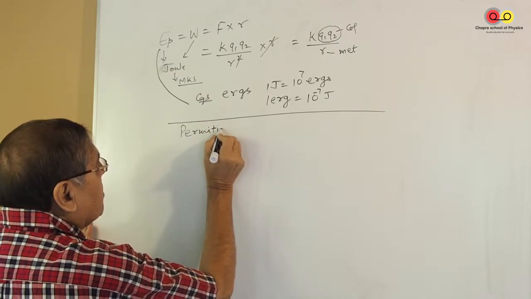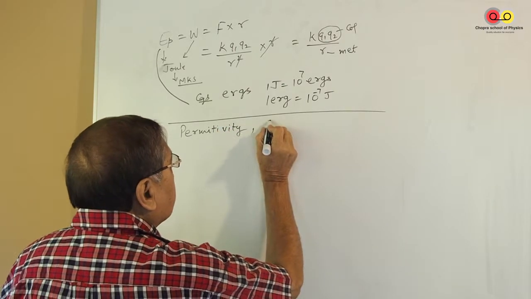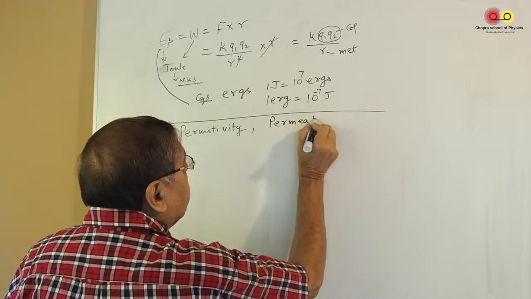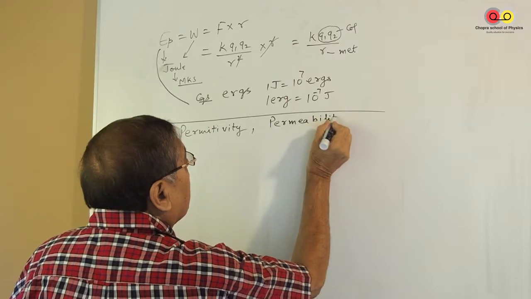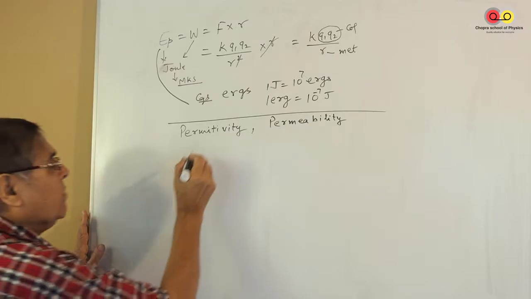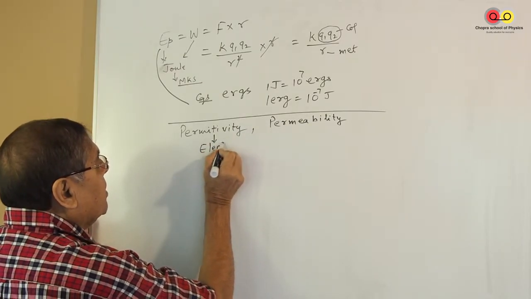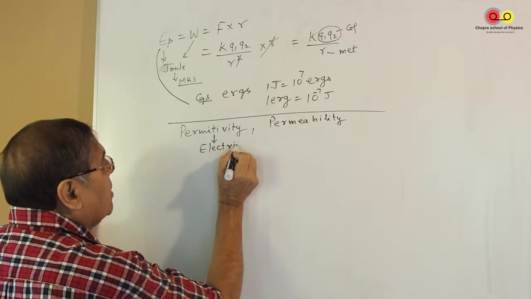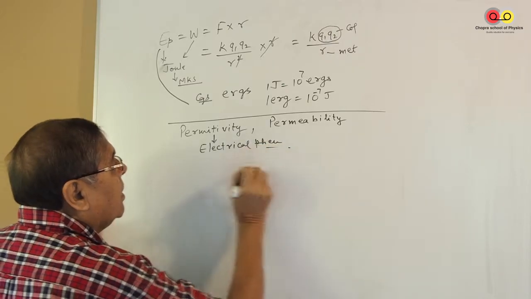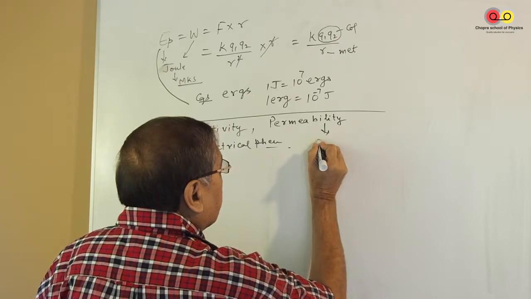Permittivity, and the other term frequently used, permeability. You will further remember that permittivity is an electrical phenomenon, and permeability is a magnetic phenomenon.